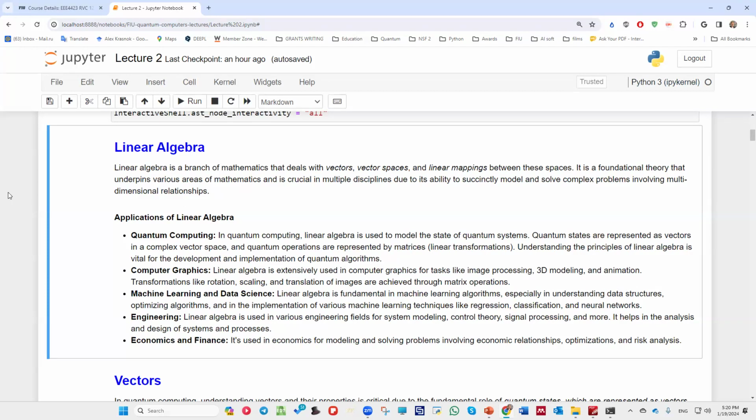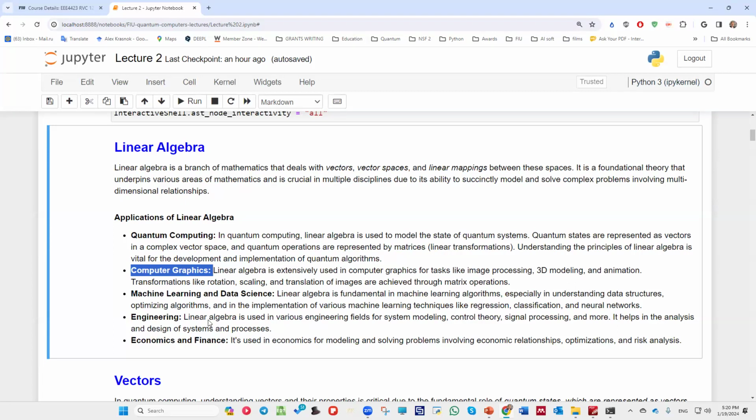Quantum computing is just one example, and of course we have others, and currently maybe even more important. For example, computer graphics. When you save a picture, what your computer does, basically, it transforms matrices. Electrical engineering, today we analyze circuits, currents, all this is done through linear algebra.